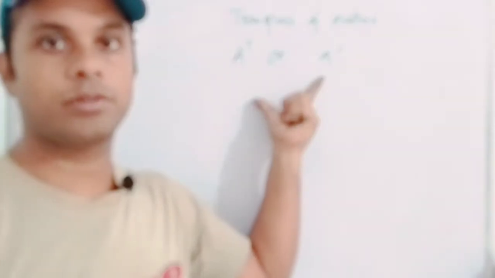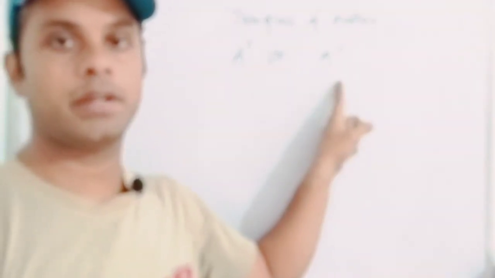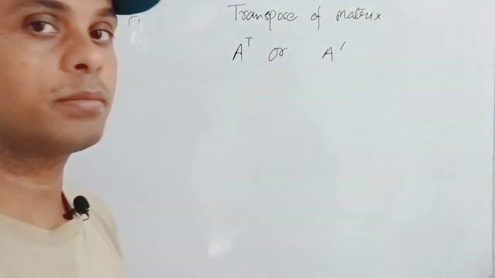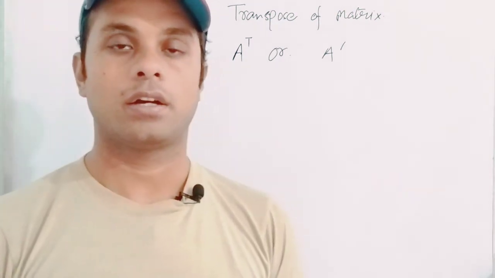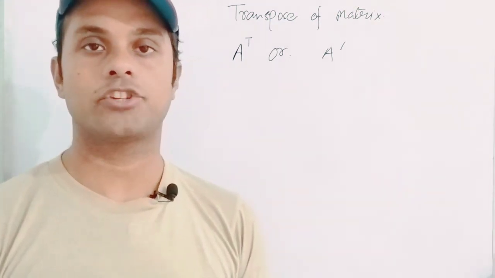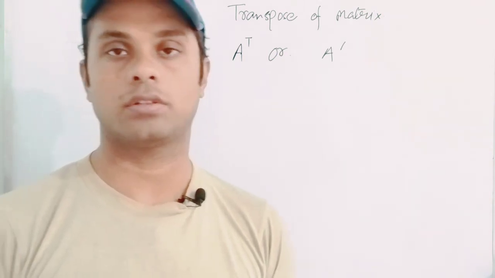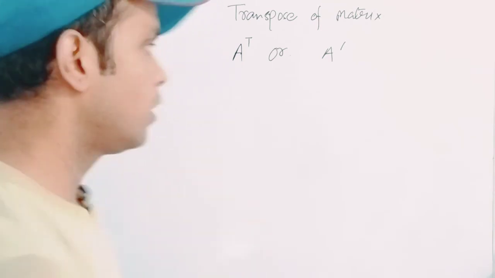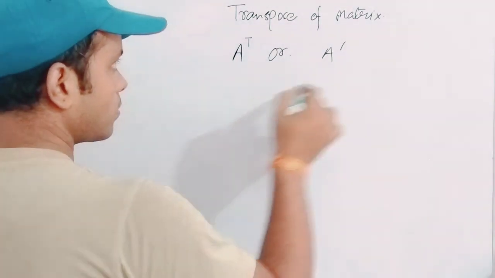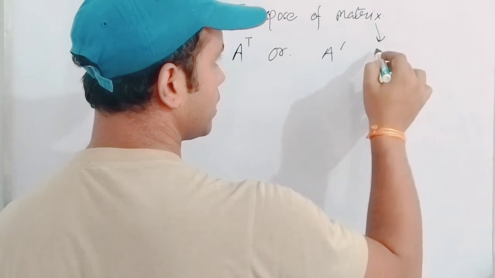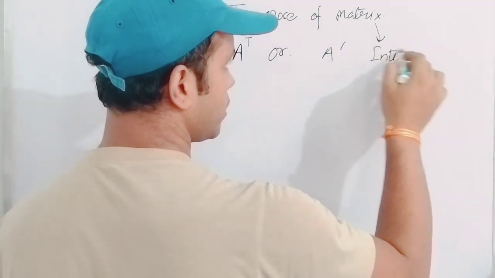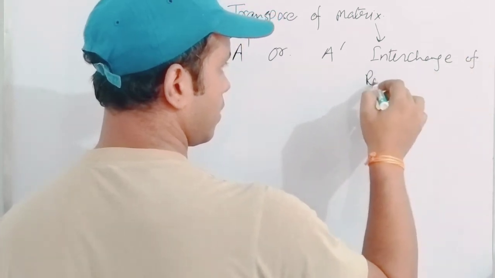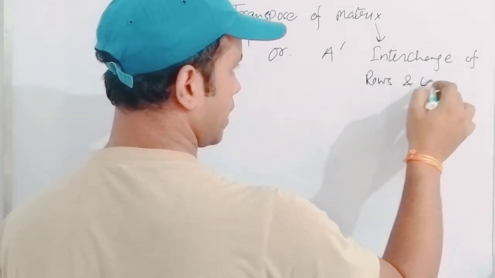A transpose is denoted by A^T or A dash. This is called transpose of a matrix. And what is transpose of a matrix? So basically, in transpose of a matrix, we interchange rows and columns. Row becomes column and column becomes row. For example, transpose of a matrix is basically interchange of rows and columns.